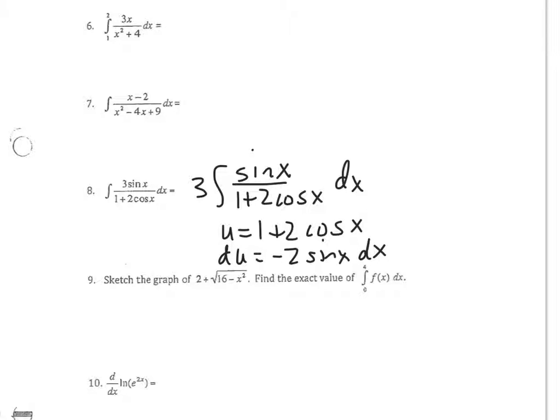So I'm going to put a negative 2 on the inside and a negative 1/2 on the outside. Ends up with negative 3/2 ln 1 plus 2 cosine x. You get a plus c back here as well.